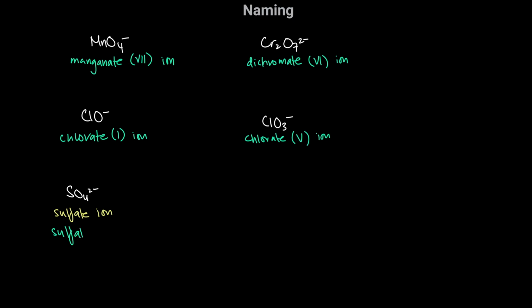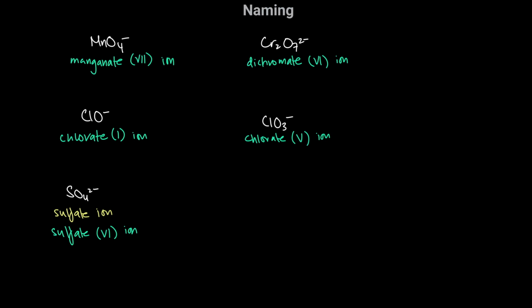The reason is because sulfur has an oxidation number of plus 6. If sulfur is X, we have 4 oxygens, each of which is negative 2, and the overall oxidation number is negative 2. We get X is equal to positive 6. So the oxidation number of sulfur is plus 6, hence we call it the sulfate 6 ion.